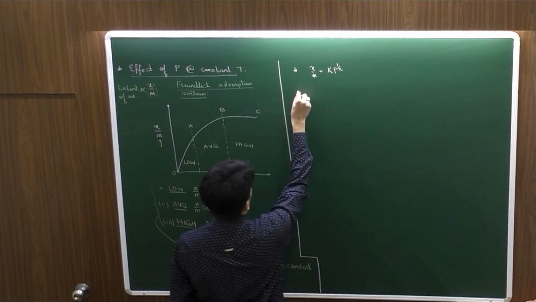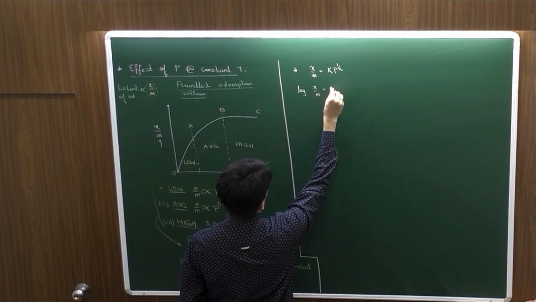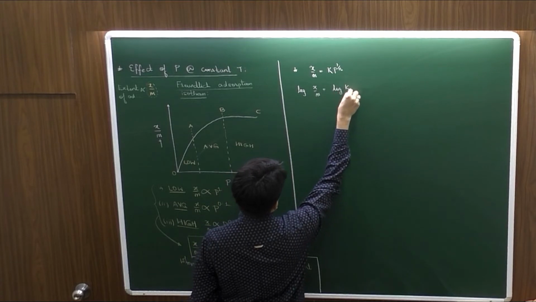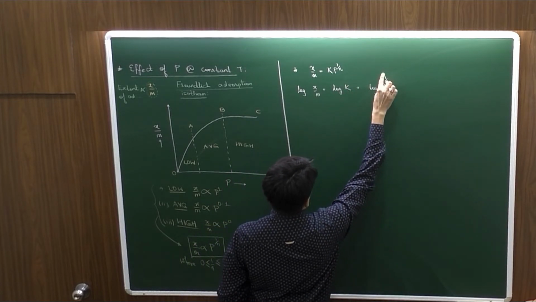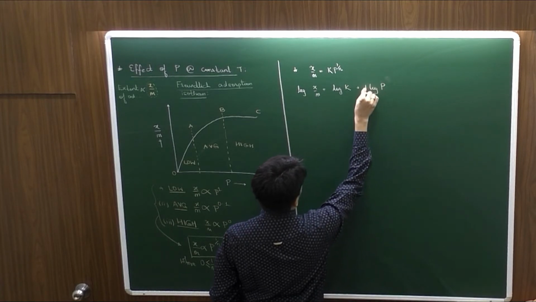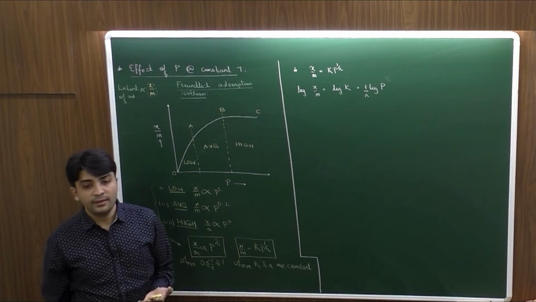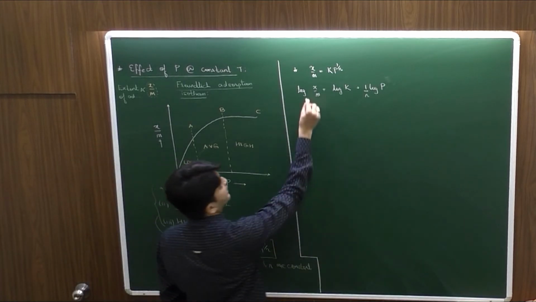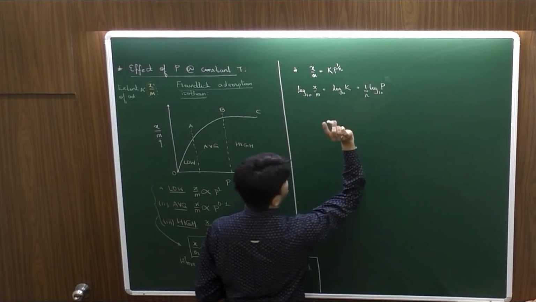Apply logs on both sides. So this will be log of x by m is equal to, multiplication becomes addition, so I'll get log k plus log of p raised to 1 by n. Now this power I can bring down and I can write log x by m equal to log k plus 1 by n log p. This is to the base 10, this is also to the base 10 and to the base 10.